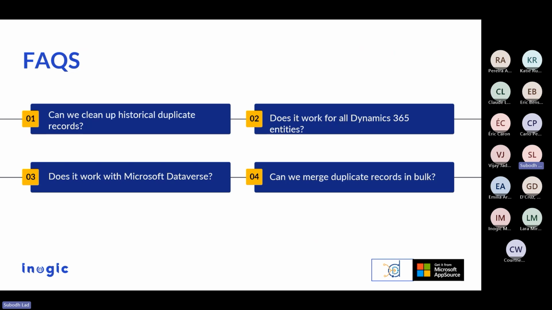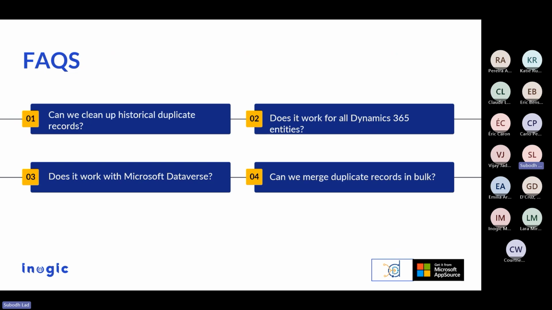While you answer, I'll quickly take you to the frequently asked questions that we get. The first one: can we clean up historical duplicate records? Yes, we can. That can be done with the CRM as well as with our tool. Another question: does it work for all Dynamics 365 entities? Yes, it works with all out-of-the-box entities as well as custom entities.